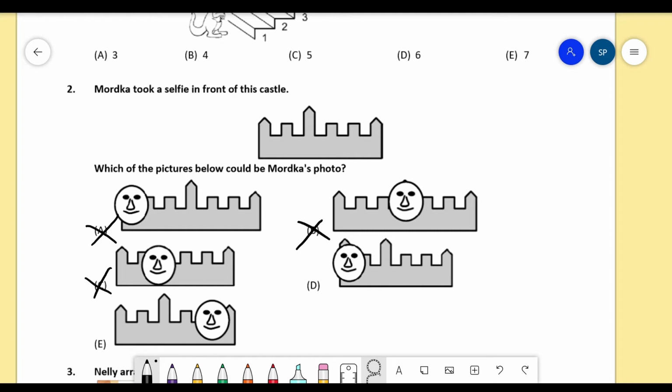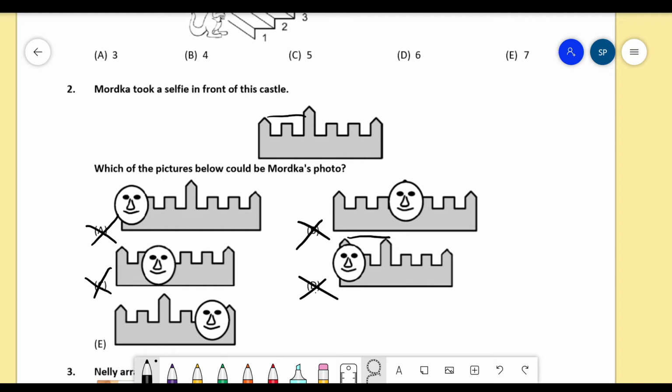Now D. Looking at D, we have this small point. This is a point. This is a box, another box, a tall point, two box shapes, and a small point. But how D is wrong is because here this is shorter, but here they seem to be the equal height, which means D is wrong.